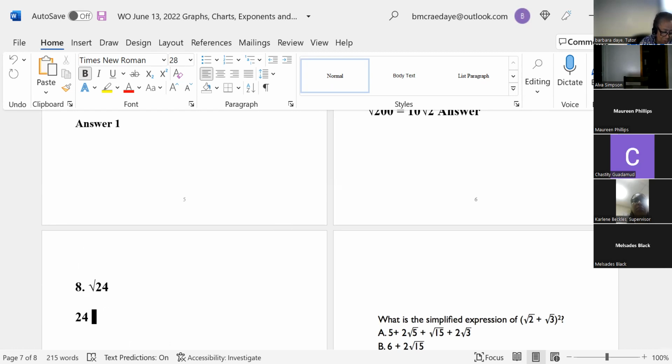So what are your factors of 24? What 2 numbers will you use to multiply to give 24? Chastity, what are 2 numbers? Maureen, do you know 2 numbers that multiply to get 24?